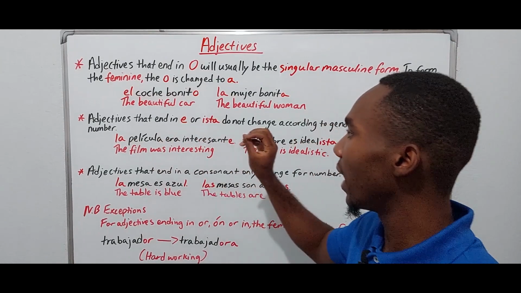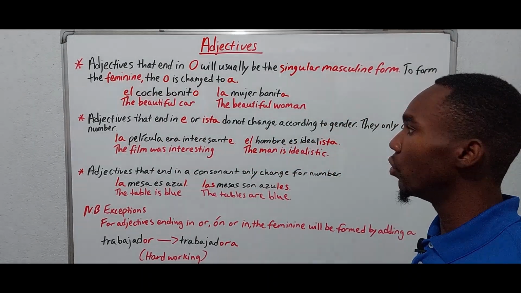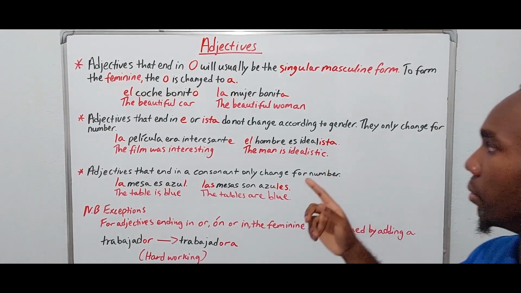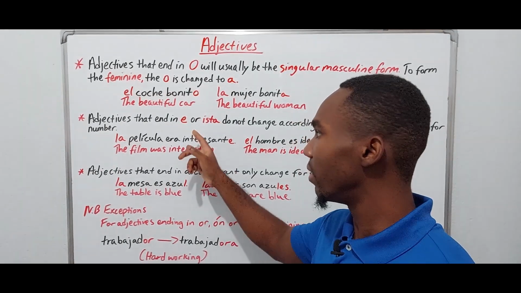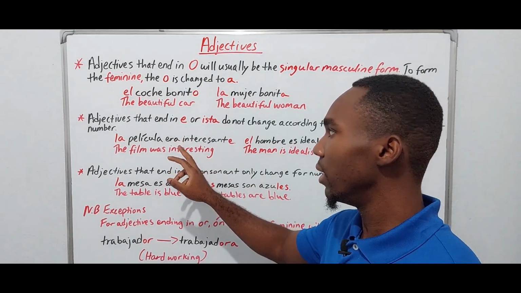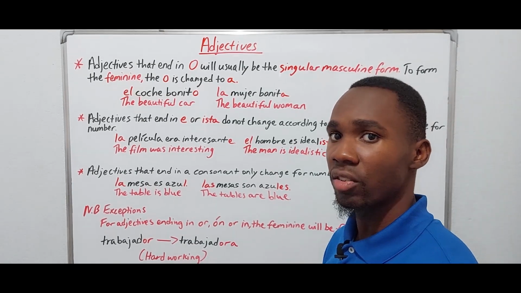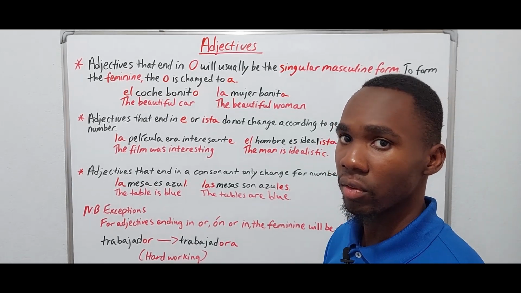Now, adjectives that end in E do not change according to gender. They only change for number. So if an adjective ends in E, it will be one of those adjectives that can be used for either masculine nouns or feminine nouns, right?